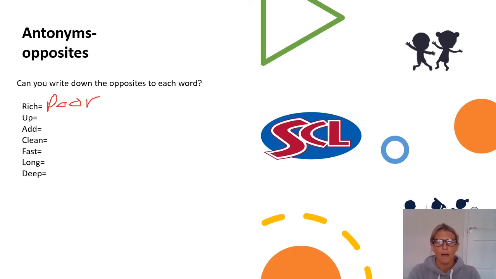If you were to go up, what would be the opposite way? Yes, great job. Down. Sorry, not the best writing here. Okay, so up and down. Then we've got add. If you were to add something, what is another word for take away? Great job. Subtract. Good answer there. I'm going to run out of room here, aren't I?